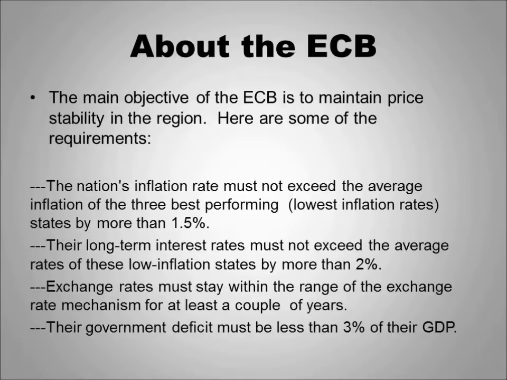Also, their long-term interest rates must not exceed the average of these low inflation states by more than 2%. And they must stay within the range of the exchange rate mechanism for at least a couple of years. And the deficit must not be less than 3% of the GDP. So we have one central bank with all of these strict regulations that are held on many different countries.